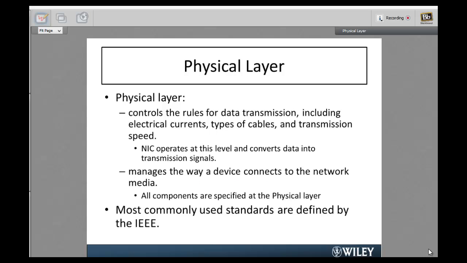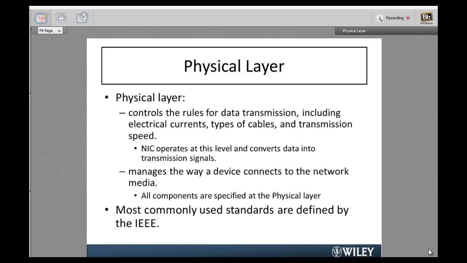And you have also the layer under this, the physical layer, and the physical layer is the last layer you have in the OSI model, which controls the rules for data transmission, including the electrical current, types of cable, the transmission speed. Okay, so it deals with the electricity, no matter what kind of connection it is.